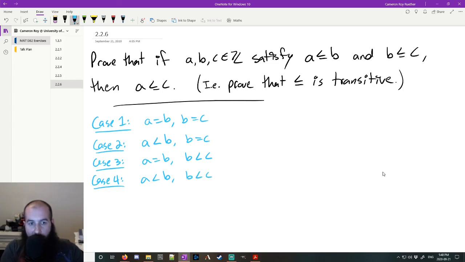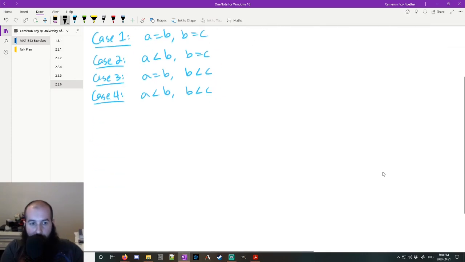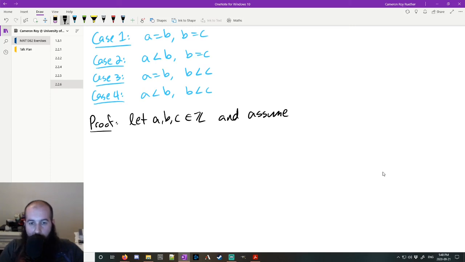So if we can show that a is less than or equal to c in each of these cases, then we'll have a proof that holds always. So, proof. Let a, b, and c be integers and assume that a is less than or equal to b and b is less than or equal to c.